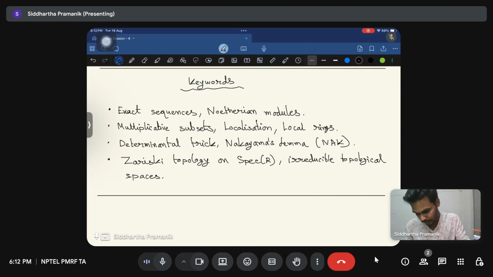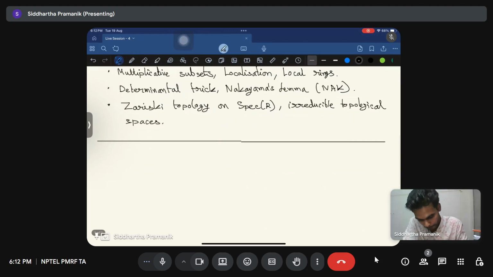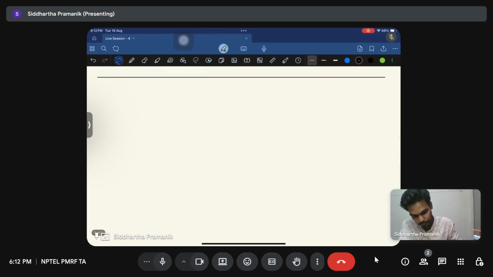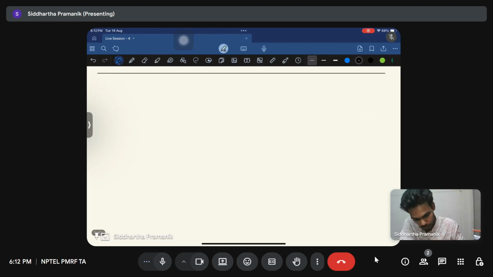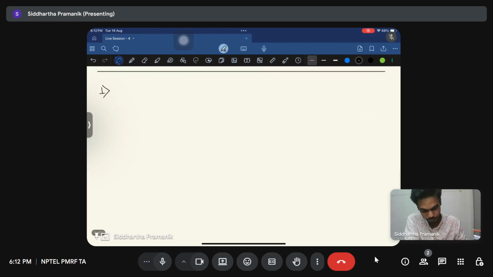Now let's start by solving some problems based on these topics. So the first problem is about Noetherian modules.